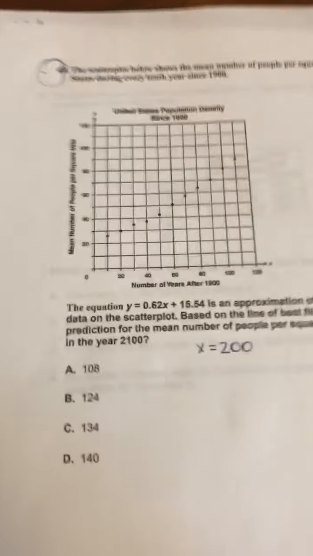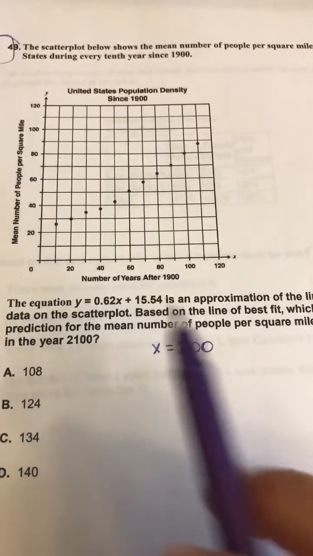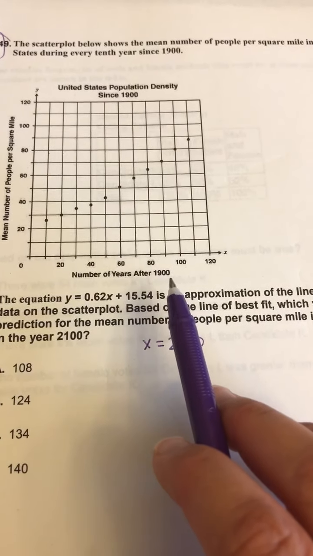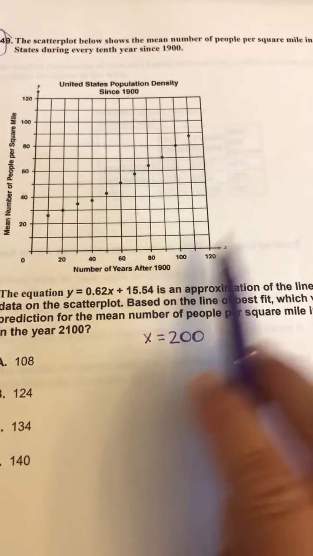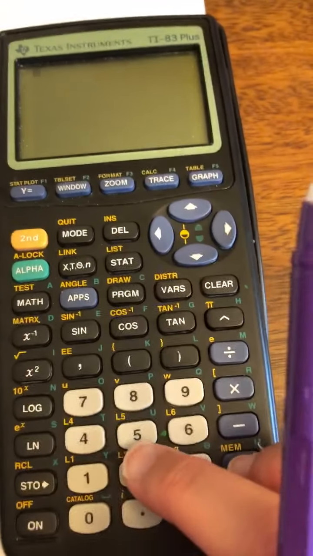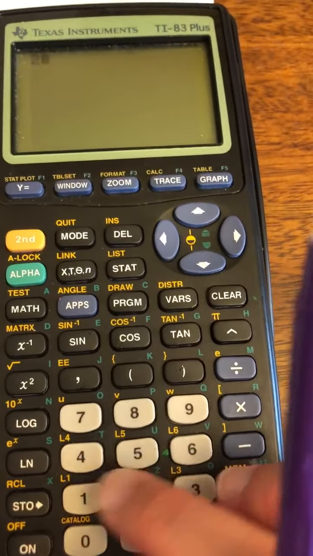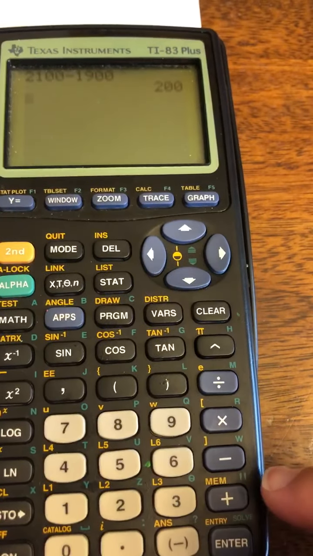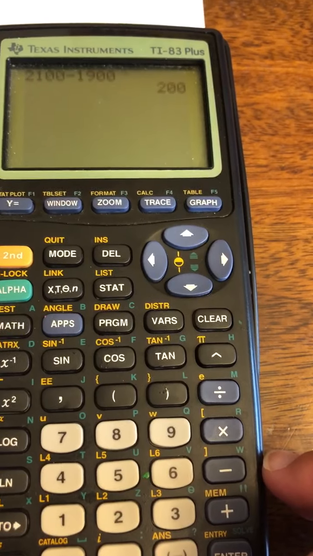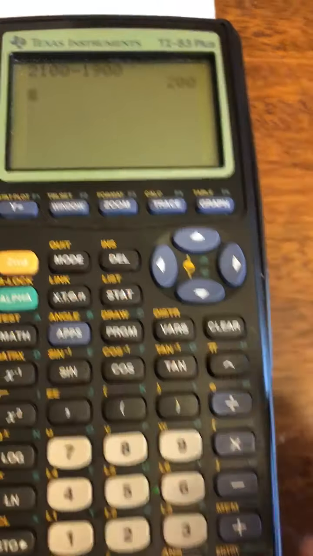All right, 49. After you read it, X is talking about the number of years after 1900. So this is however many years. It's asking me to predict for 2100. So if I subtract 1900, that's going to give me 200 years. So 200 years occurred during this time.